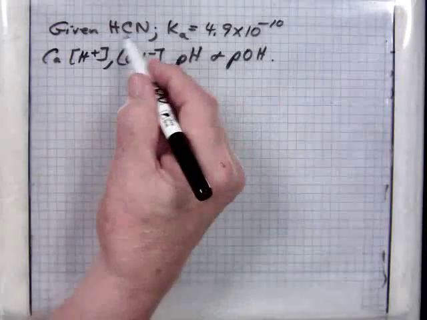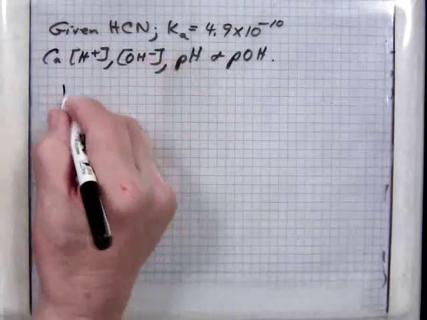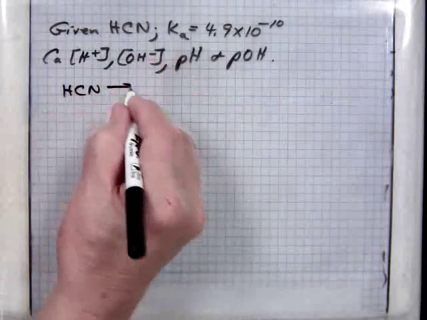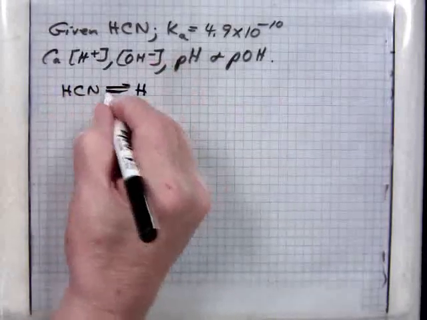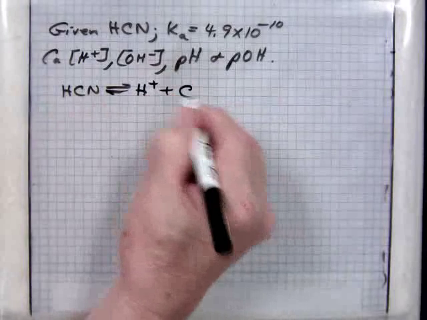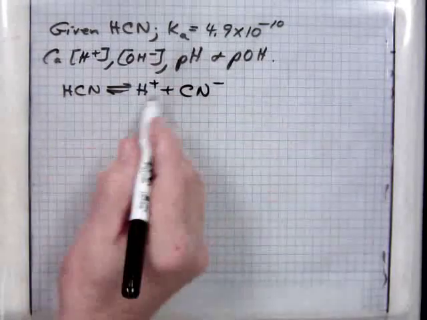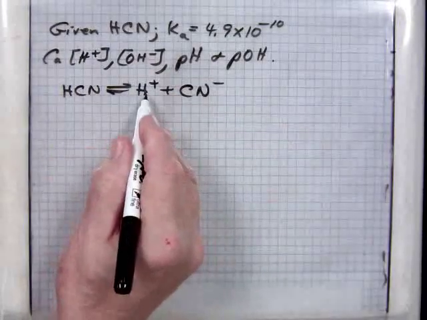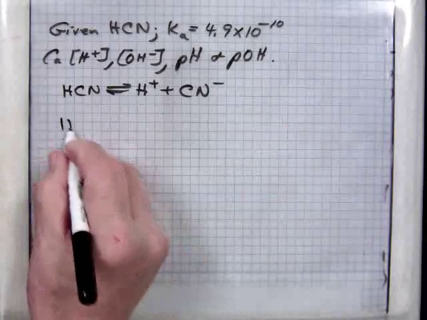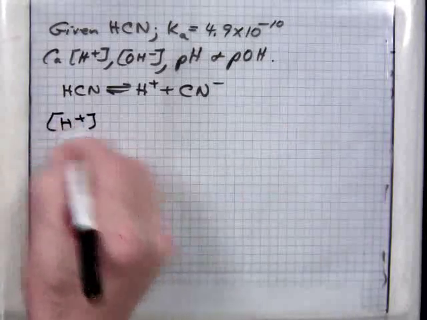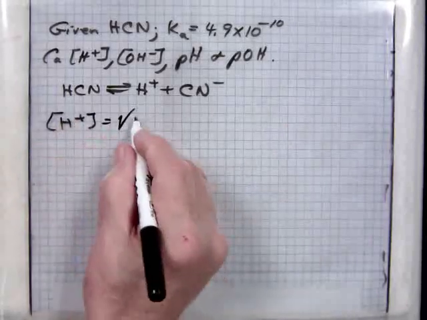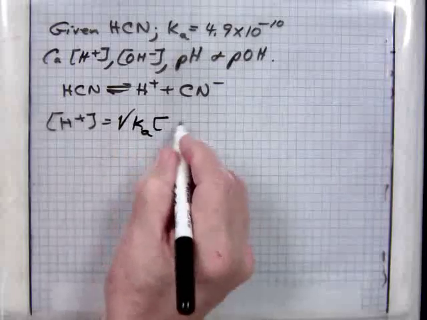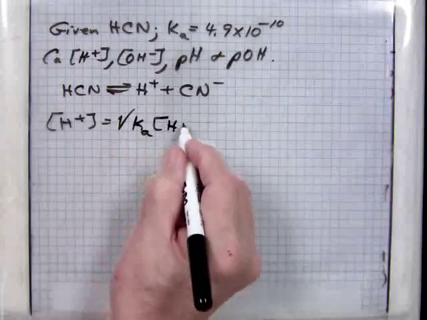This being a weak acid, you don't strictly need the ionization, but I'm putting it in here anyway. Calculating the hydronium ion of a weak acid, you have to use the square root formula, so that would be the Ka value times the concentration of HCN.